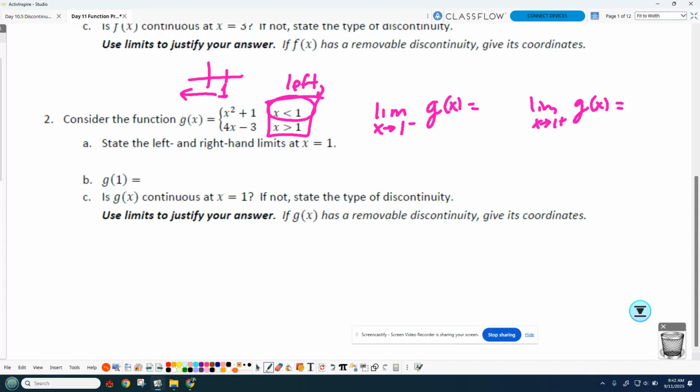Numbers smaller than 1 are on the left side of the graph. Yeah. It's all good. So Ally, plugging into this top piece to get the stuff on the left, what's the y value going to be? 2. Ashley, plugging into the bottom to get the side from the right, what do I get? Yep. 4 times 1 minus 3, we get 1.